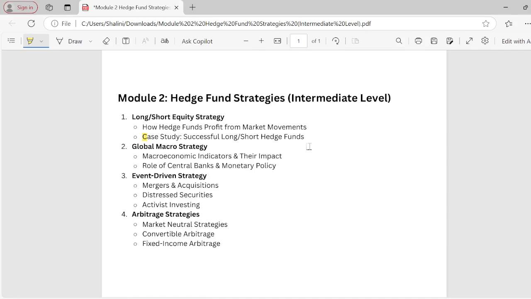Long means buy, and short means sell. So it buys shares of company A while short selling shares of company B. If company A's stock price rises and company B's stock price falls, the hedge fund profits from both trades.